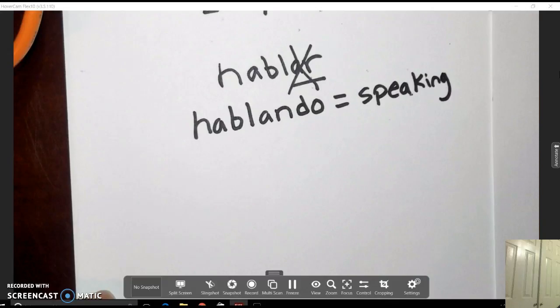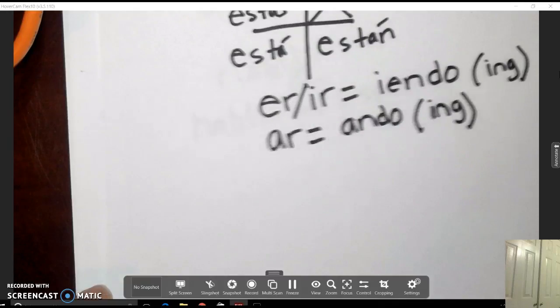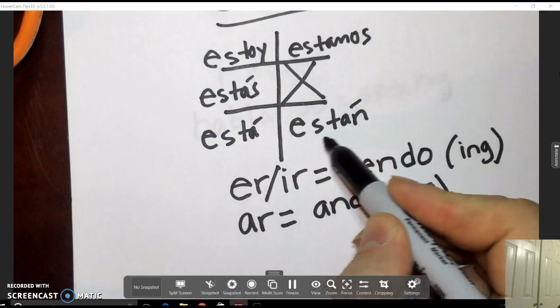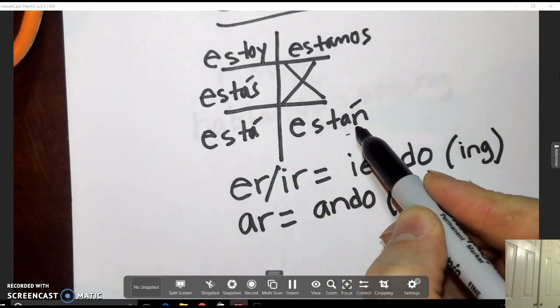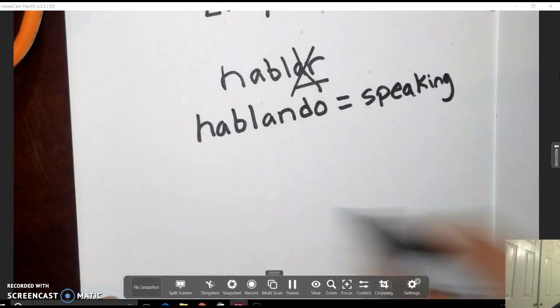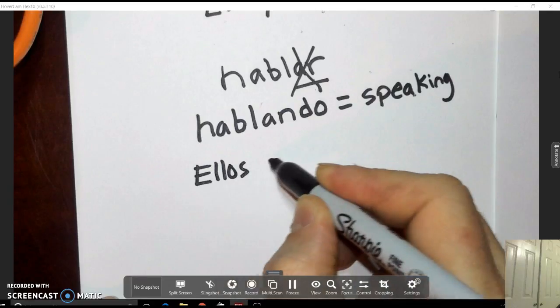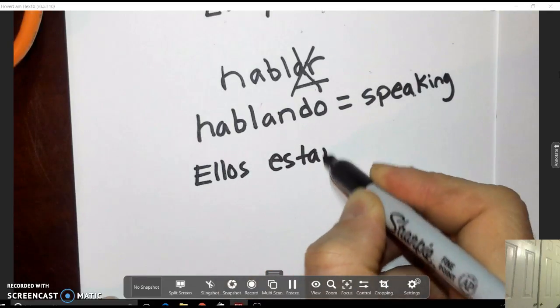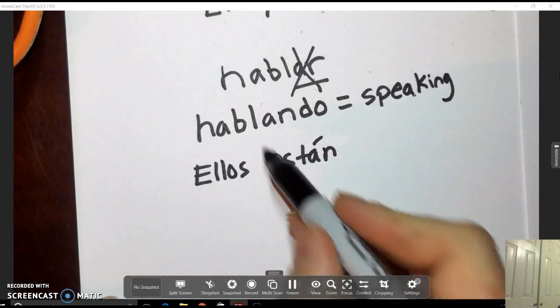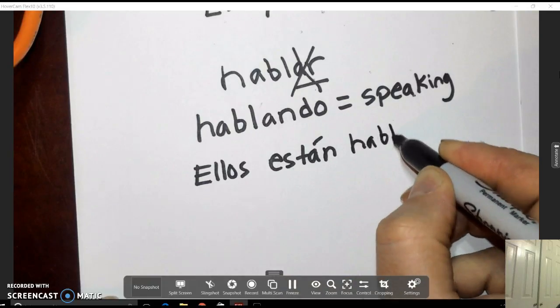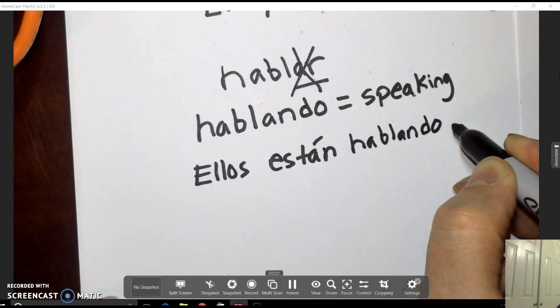What if I wanted to say they are speaking? Let's go back to our conjugation chart. Of all of these, we know that this one right here is the they are. So están. I could go ahead and put ellos to clarify. Ellos están, don't forget your accent mark. And then the new word that we got was speaking, which would be hablando.